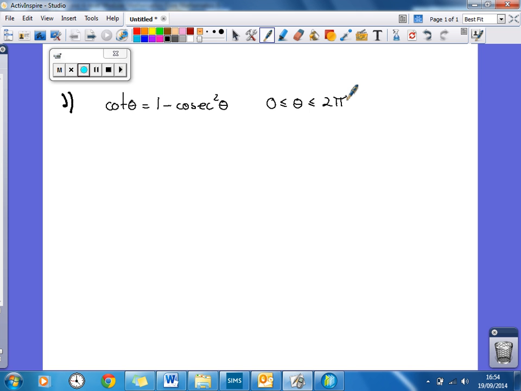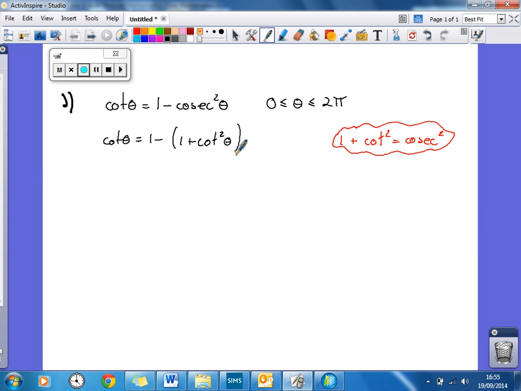Okay, so I'm looking at that. I can see cosec squared. I remember that 1 plus cot squared is equal to cosec squared. So I'm going to replace cosec squared with 1 plus cot squared, and notice how I put it in brackets.